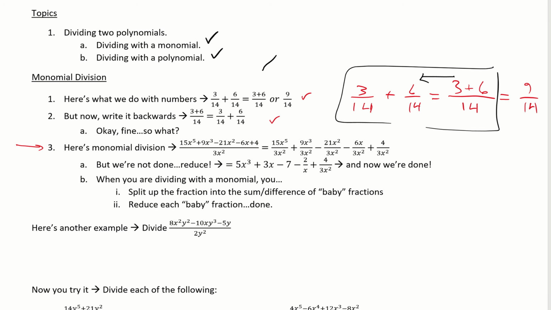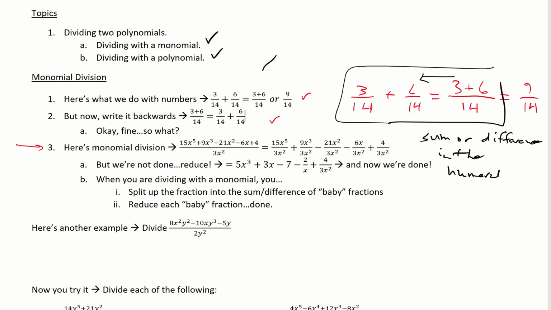So that has to be a sum or difference in the numerator. This is really important to say. Don't think of it in the denominator, just the numerator. And people in calculus do that all the time. Like, oops, it's a mistake.